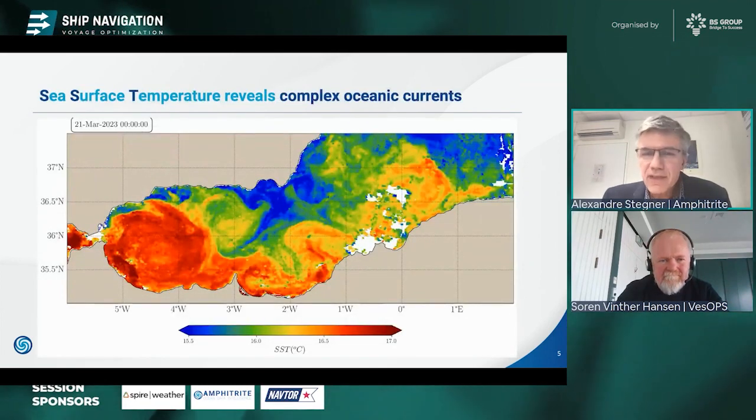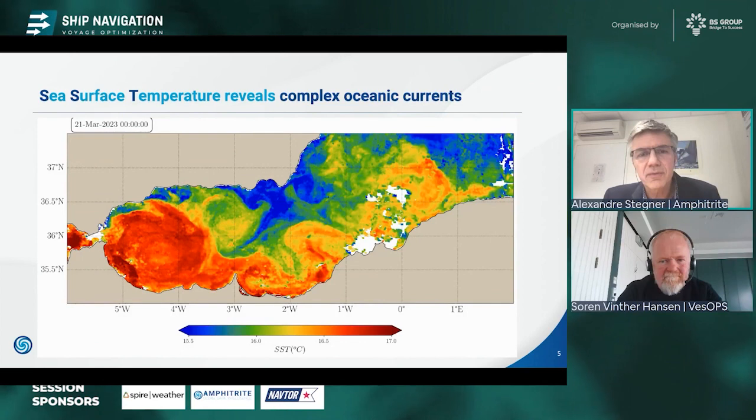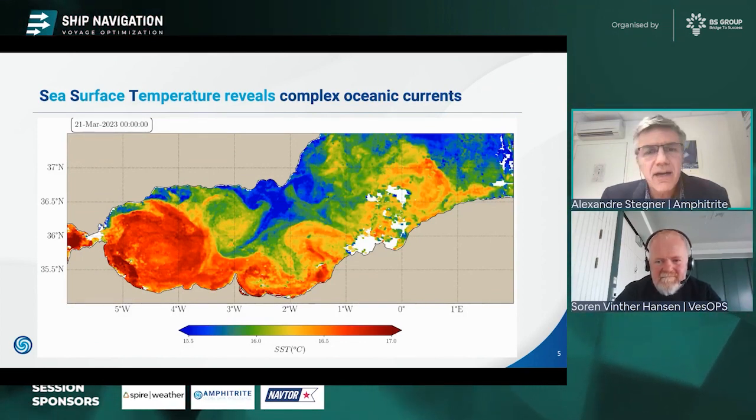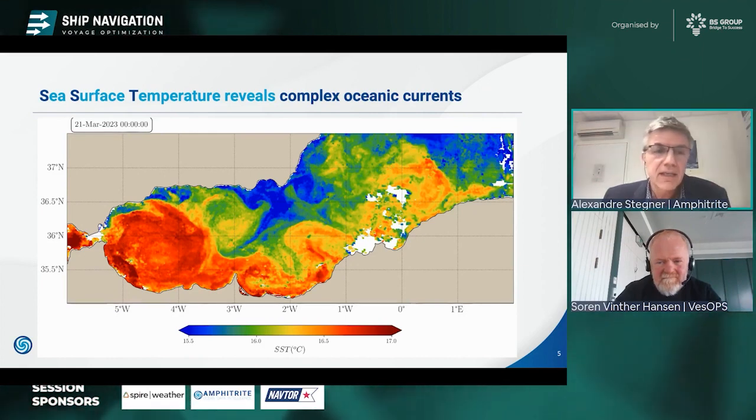I will then directly jump to a case study. I think it's very nice to show some examples. What you see on this image is satellite data of the sea surface temperature at the entrance of the Mediterranean Sea.